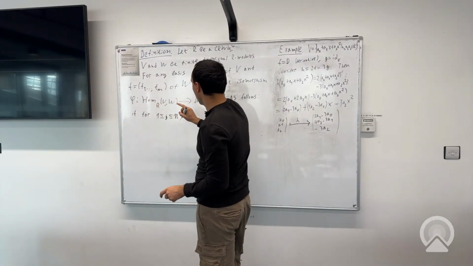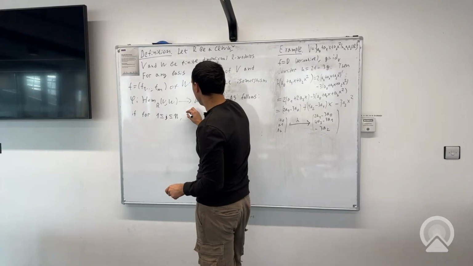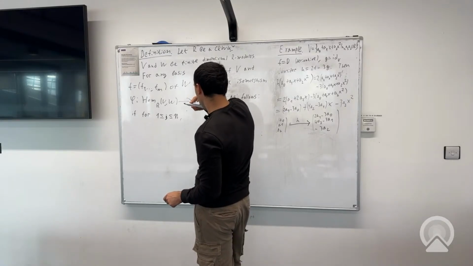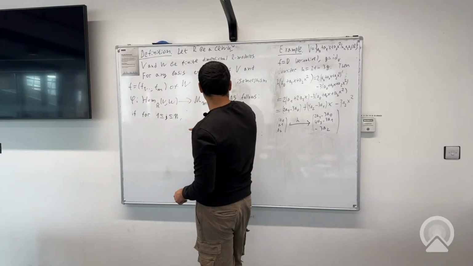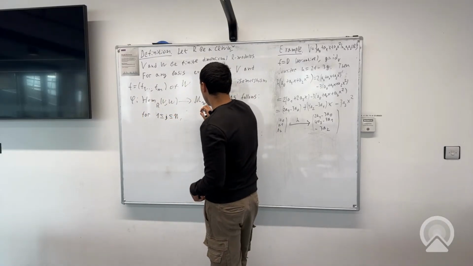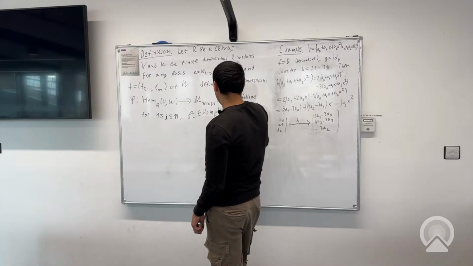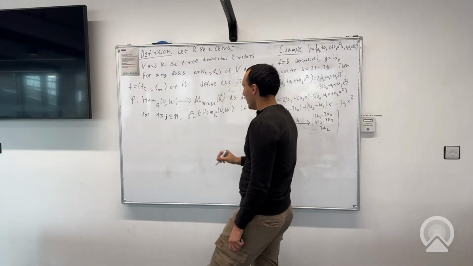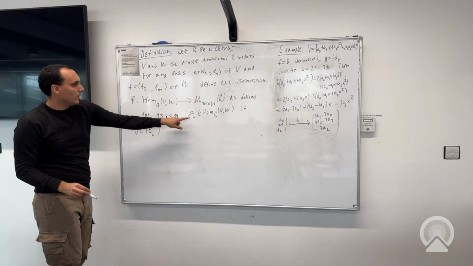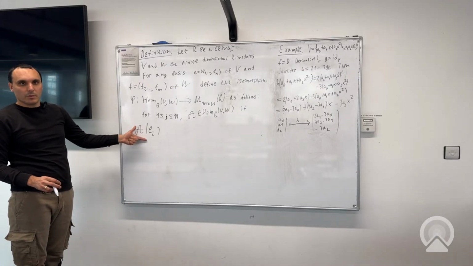So take an isomorphism, and let's call it curly A. A is a linear map from V to W, and it can be reconstructed by its values on a basis.